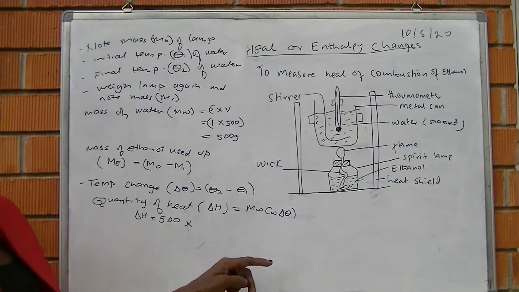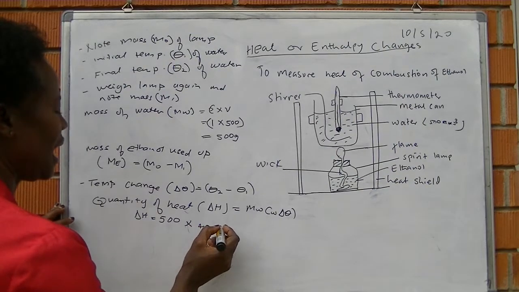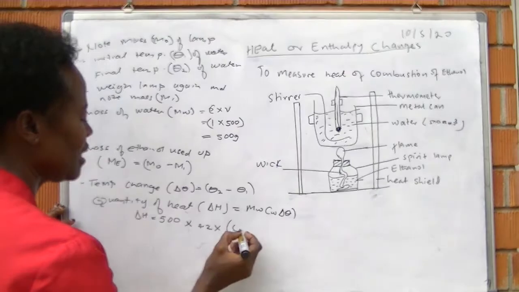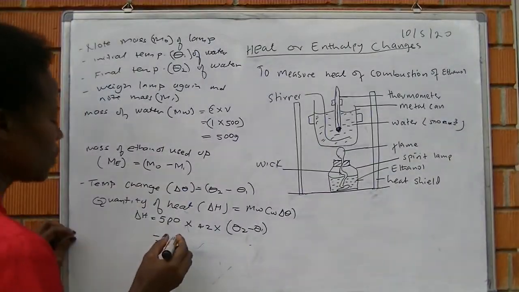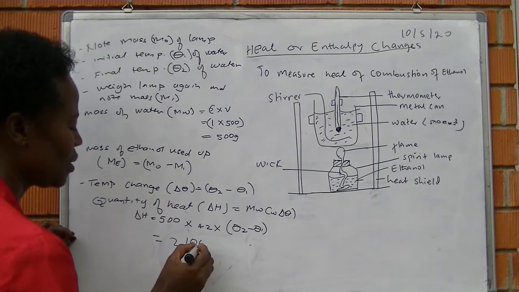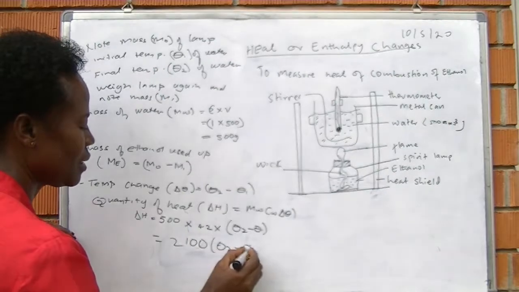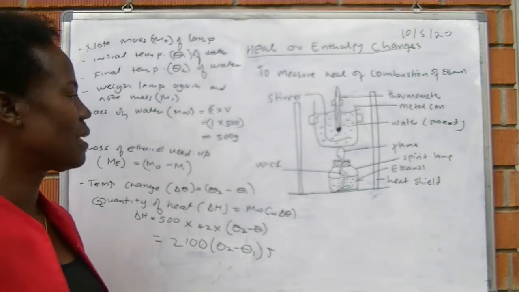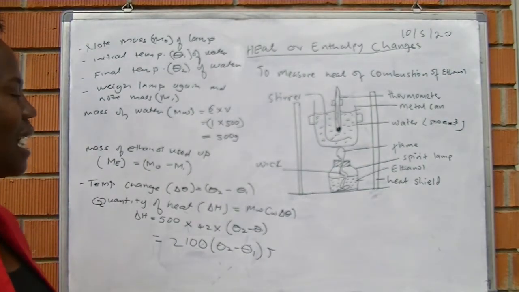The specific heat capacity of water is always given to you, which is 4.2, and then the temperature change, which we got as theta 2 minus theta 1, which is equal to 2,100 (theta 2 minus theta 1) joules.